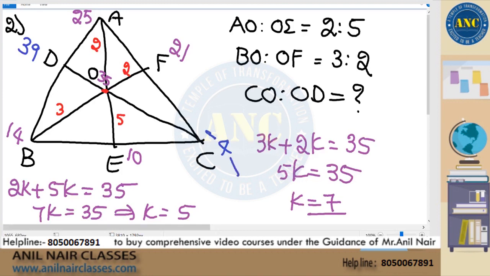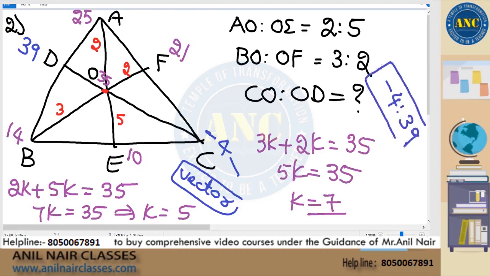CO is to OD we have to get, which we are getting as minus 4 is to 39. That means there is a small mistake in terms of the ratio that we took.